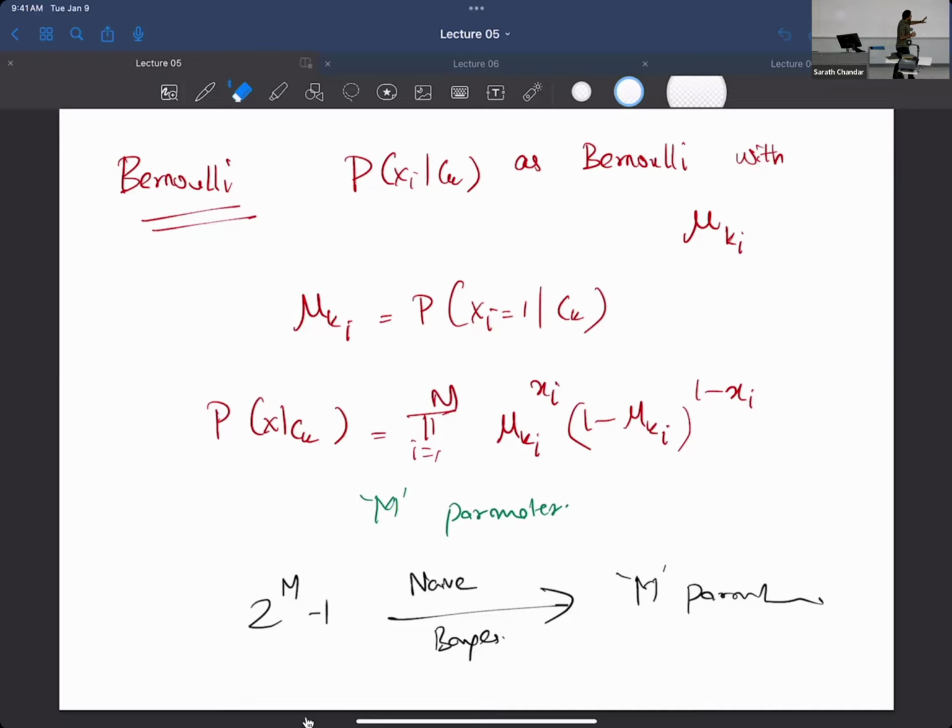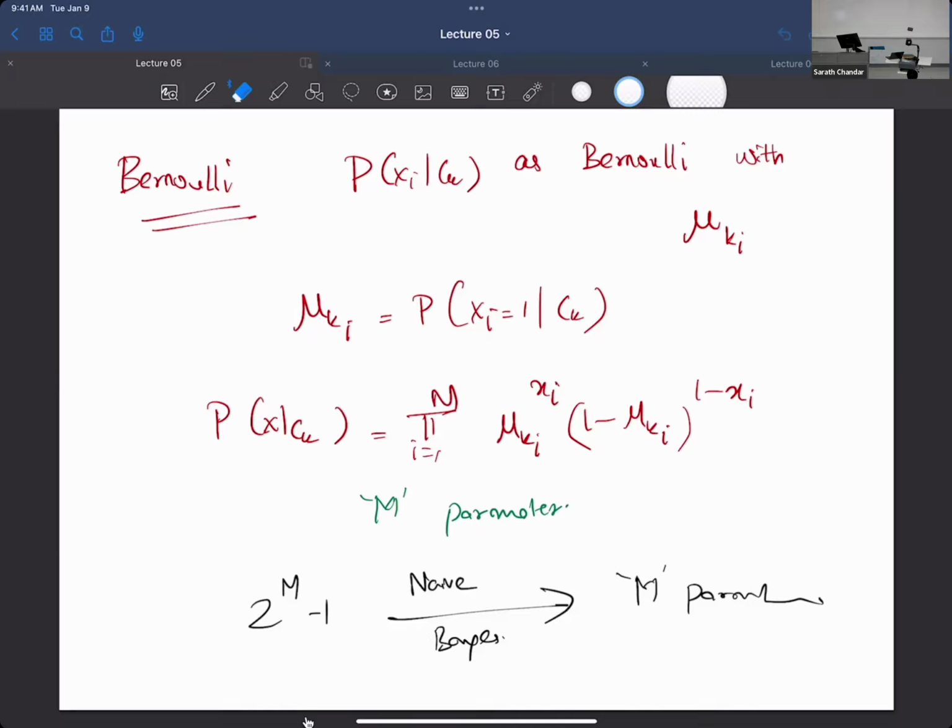Okay, so mu ki is the probability of xi equal to 1 given ck. Now, if you want to learn P of x given ck, which is what you're trying to approximate, we're going to use the Bayes rule and represent this as a product from i equal to 1 to n of individual class conditional feature densities, which is mu ki if xi is equal to 1, and 1 minus mu ki when xi is 0.